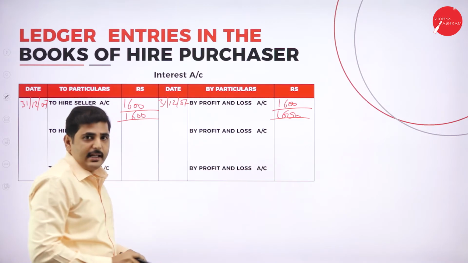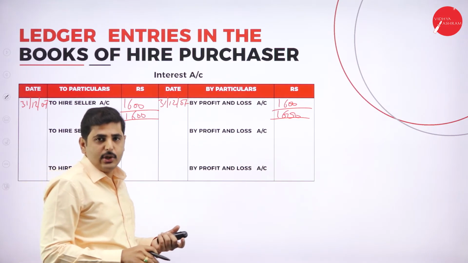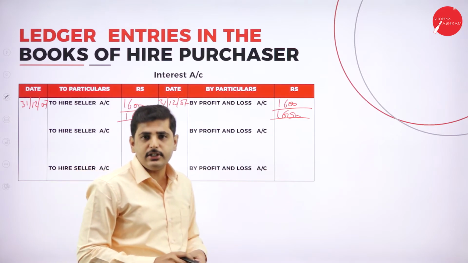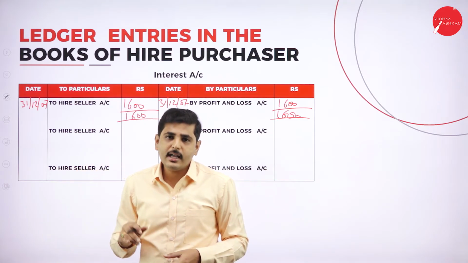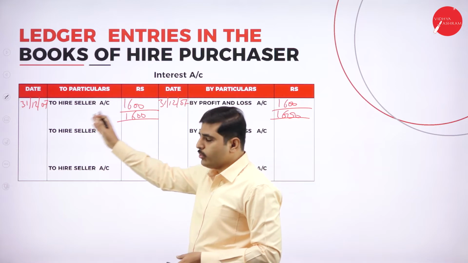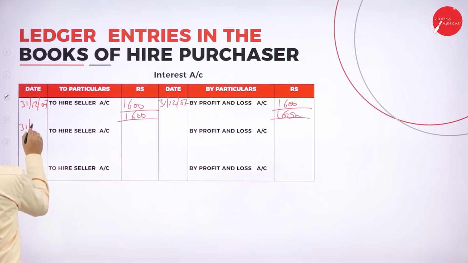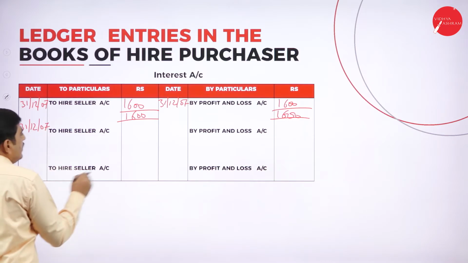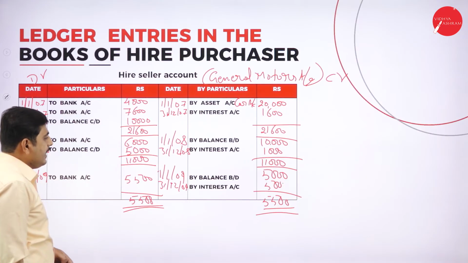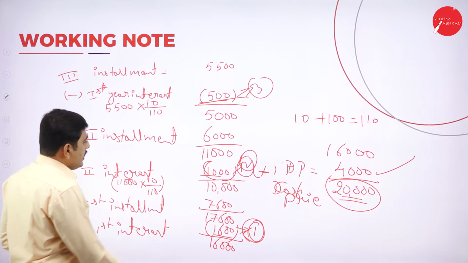Coming to the second year, again we have to show the interest is due. What is the journal entry to show the interest is due? By interest account to hire seller account, on the last day 31st 12 2008. What is the second year interest? The second year interest is 1,000 rupees.